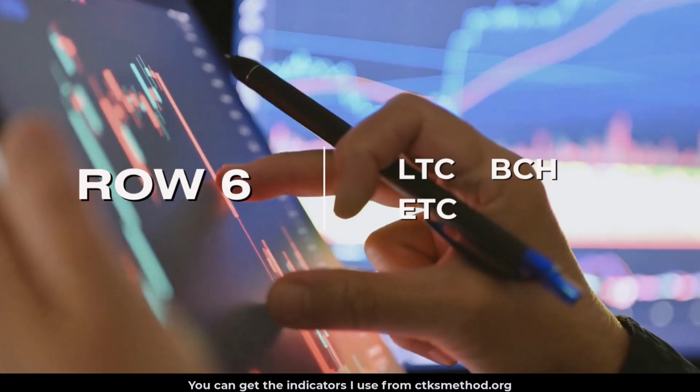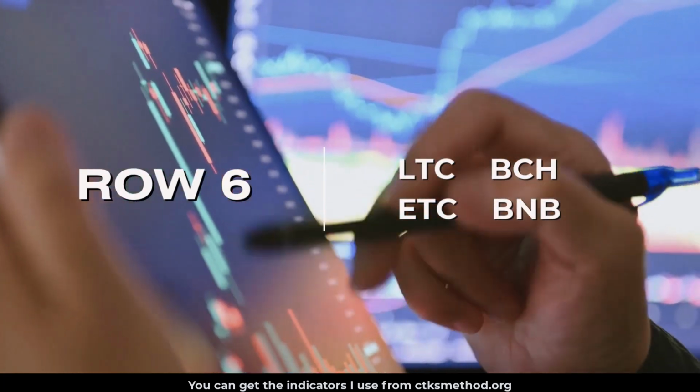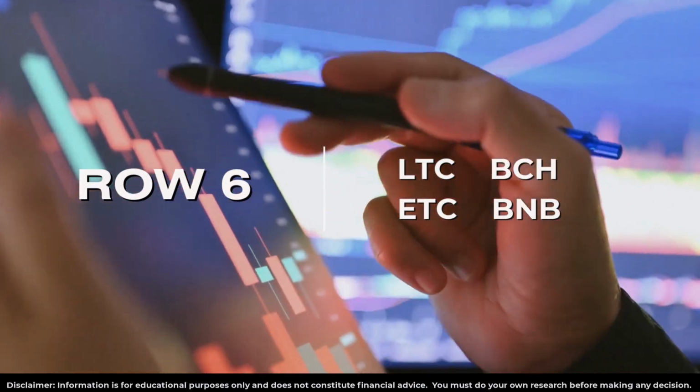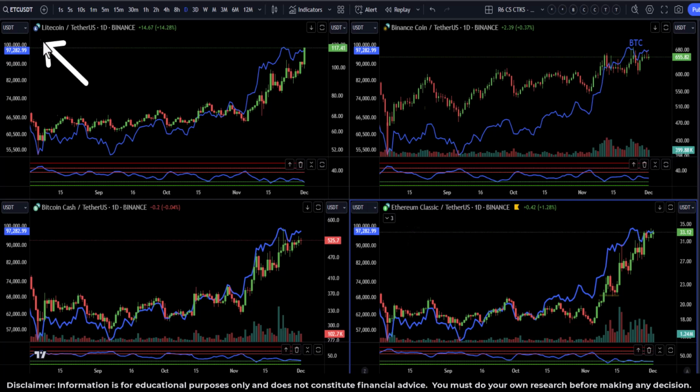Row 6 measures Litecoin, Binance Coin, BNB, Bitcoin Cash, and Ethereum Classic. What we're seeking to do here is to use Litecoin and Bitcoin Cash to indicate where Bitcoin could be going. They're very sensitive to Bitcoin. Ethereum Classic is very sensitive to ETH. And Binance Coin shows the confidence of retail investors into the centralized exchanges.